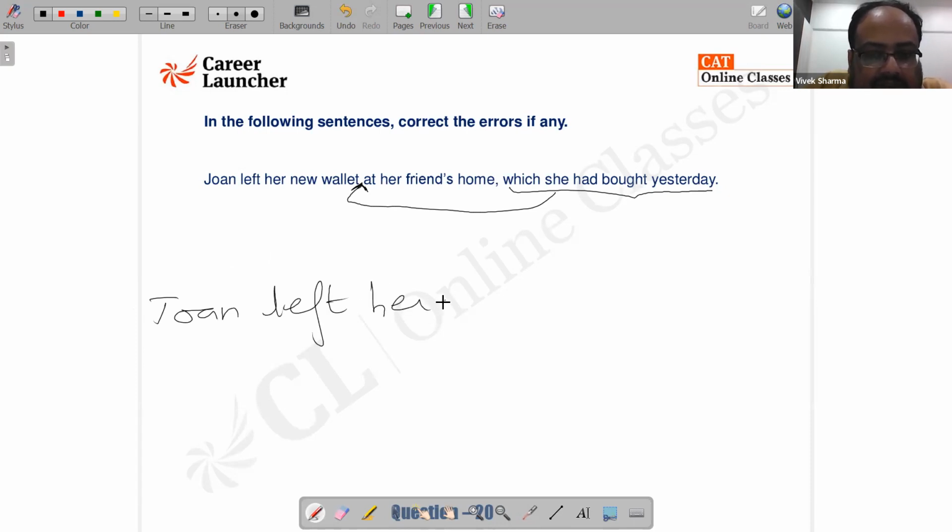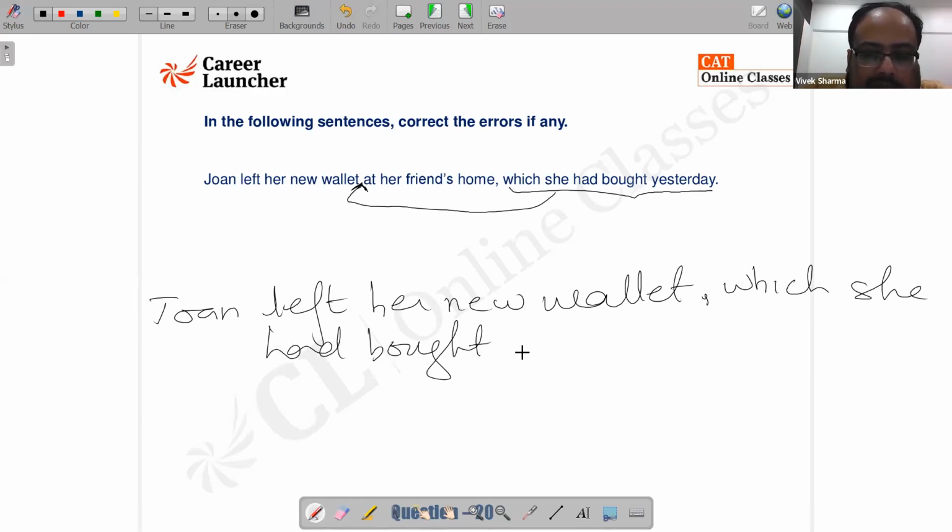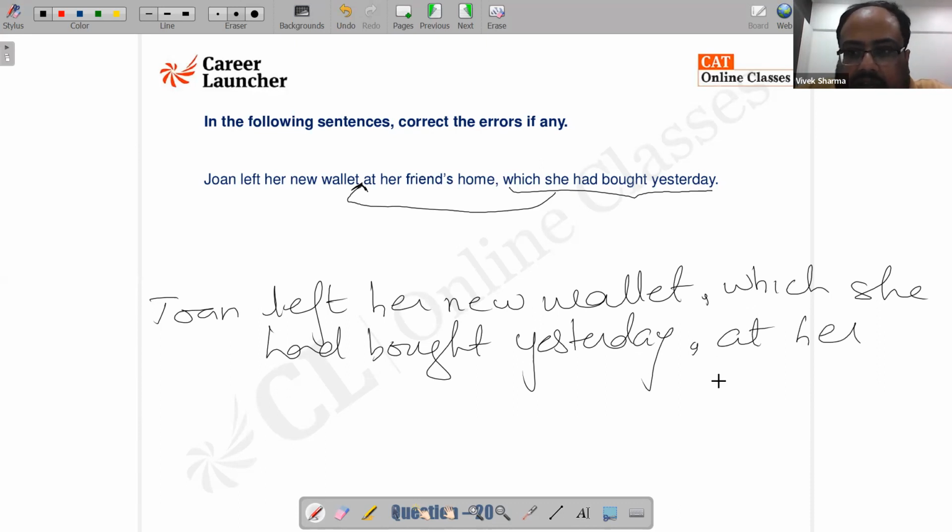Joan left her new wallet, comma, which she had bought yesterday, comma, at her friend's home.